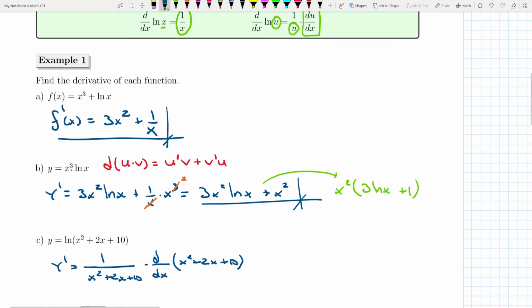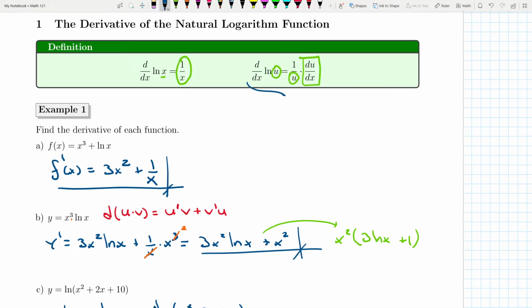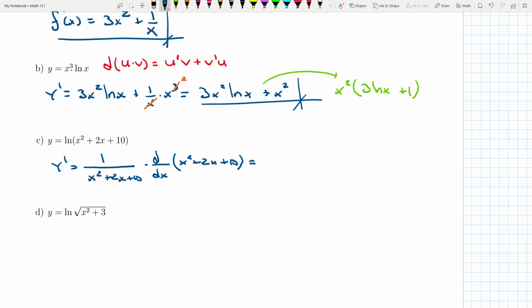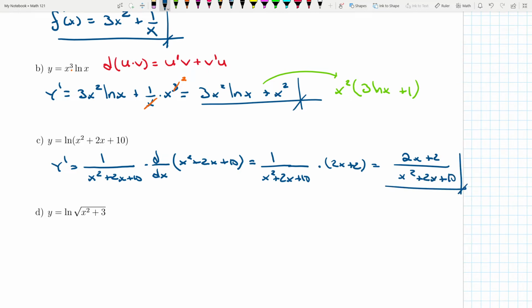This is like the chain rule version of the ln rule for differentiation: 1 over u times the derivative of u with respect to x. All we have to do is differentiate this polynomial. That's going to be 1 over x squared plus 2x plus 10 times 2x plus 2, and we can rewrite this as 2x plus 2 over x squared plus 2x plus 10, and that's the derivative of this function.